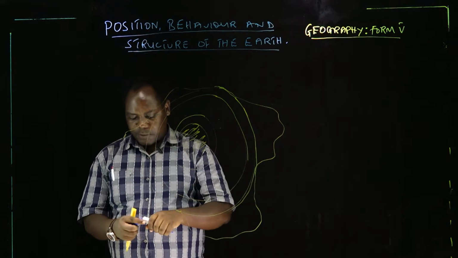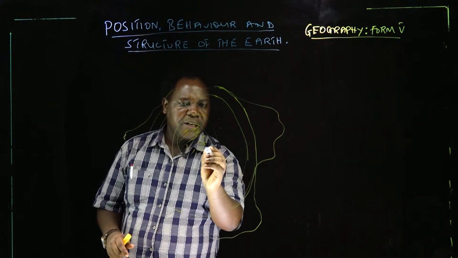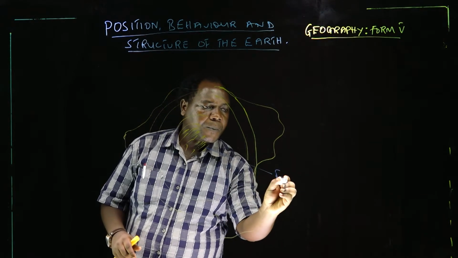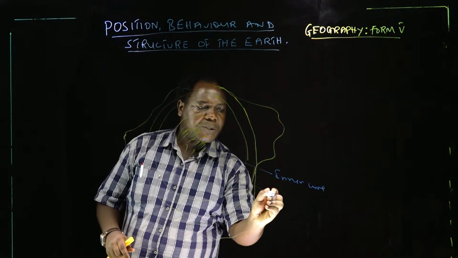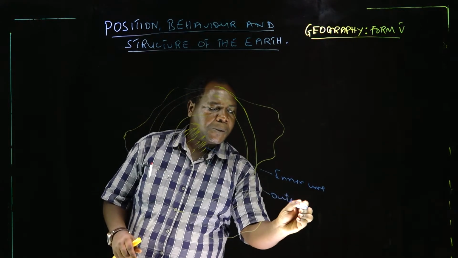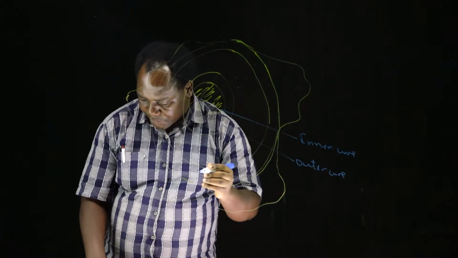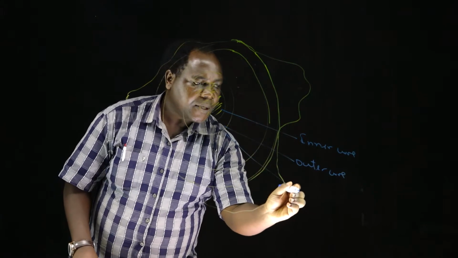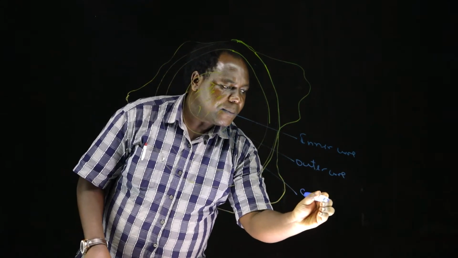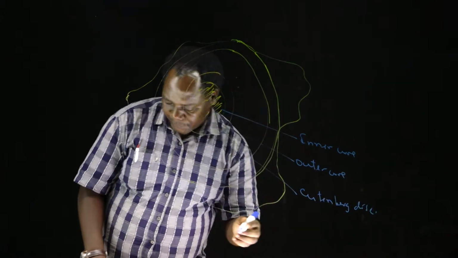So this one here refers to the inner core. This one is the outer core. And this one here is the Gutenberg discontinuity.